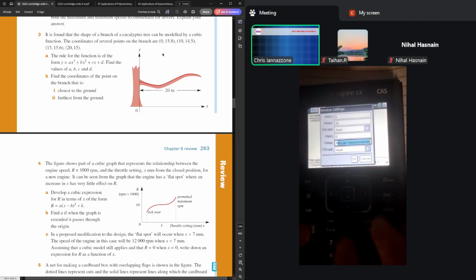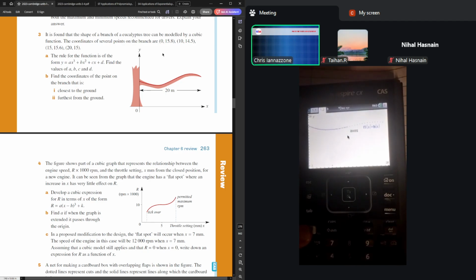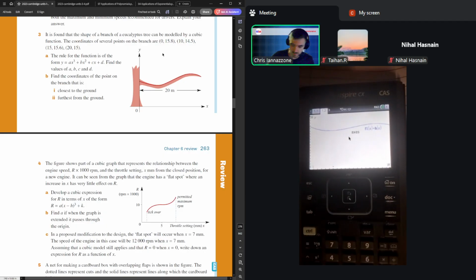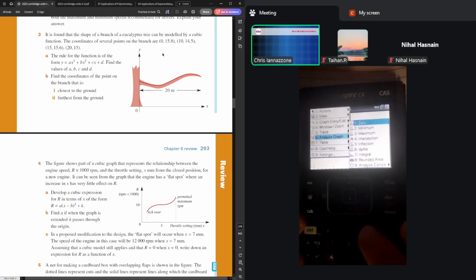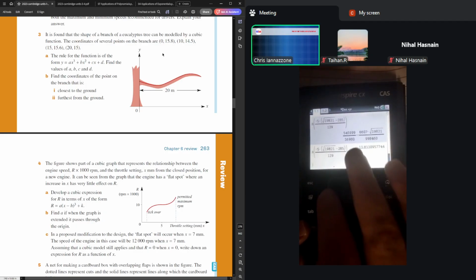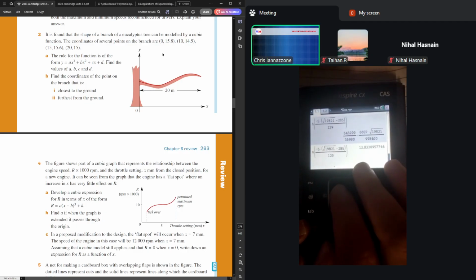So 0 to, probably 0 to 20 again, actually. And there's our branch. So if you wanted to further validate, go through the graphing tools, get the minimum, and then we'll see that those line up. 5.6 and 13.8.